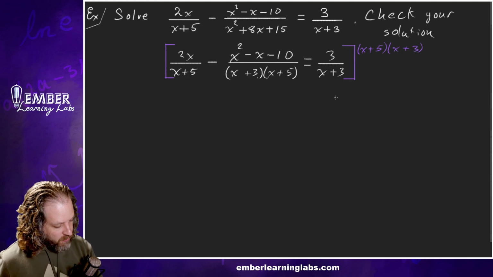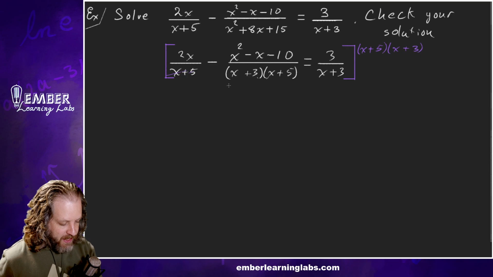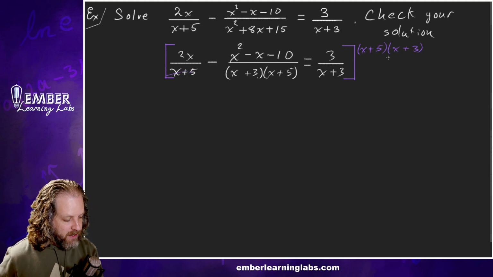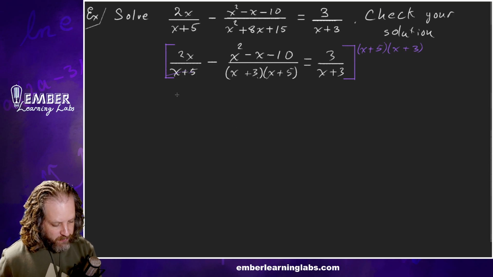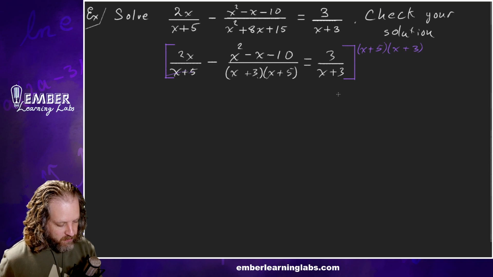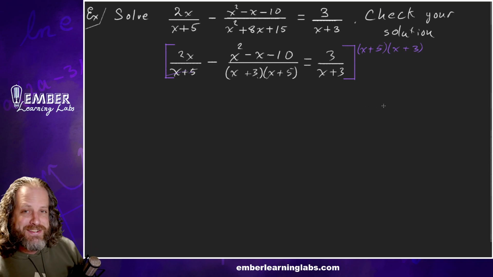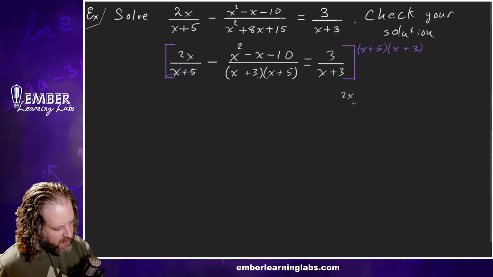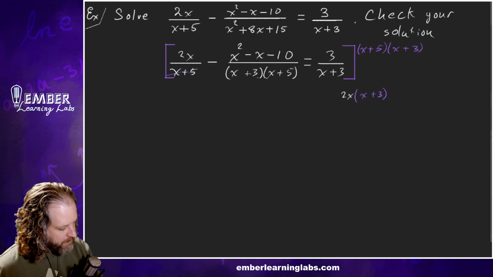So in this first one, the x plus 5 cancels with this x plus 5. So what's left from the least common denominator? Just the x plus 3. So this first bit here is going to be, I'm going to start writing this kind of over so that maybe we'll have room for the check on the same page. We'll see what happens. So 2x and then times x plus 3, right?